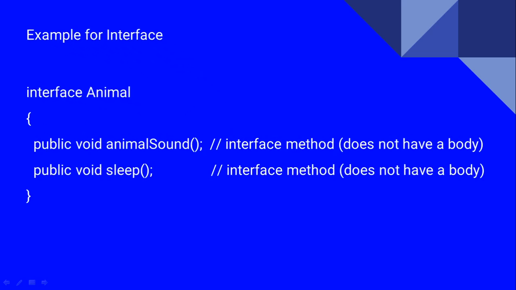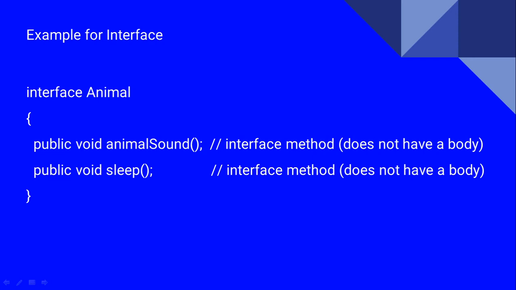Now let us see with a simple example how the interface looks. So interface is the keyword, and Animal is the name of the interface. Open the brace, public void animalSound. This is one method, an interface method, which does not have a body; it is just mentioned. Next one is public void sleep. This is another interface method, which does not have a body.